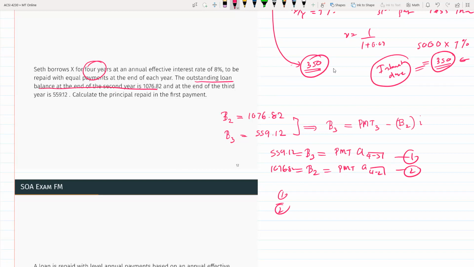So if I divide 1 by 2, I would get 559.12 over 1076.82. The payment will cancel out when you divide 1 by 2, and then here you get a1 over a2. Okay, what is a1? 1 minus v over i. What is a2? 1 minus v squared over i. So i cancels out. And so let's divide 559.12 by this number.